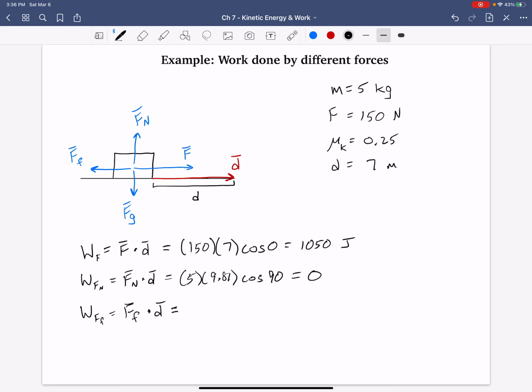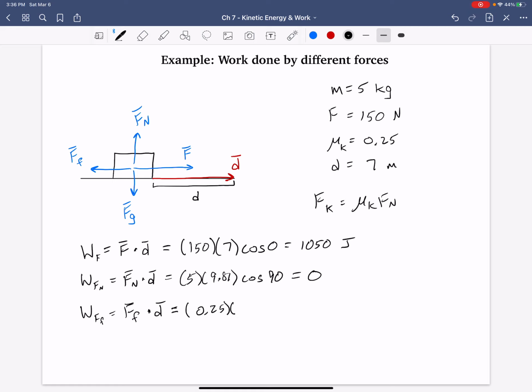It still does work, right? It's just not a positive work. So the force of friction is equal to mu k times Fn, and the normal force is equal to mg, right?